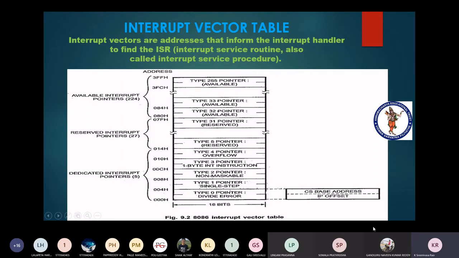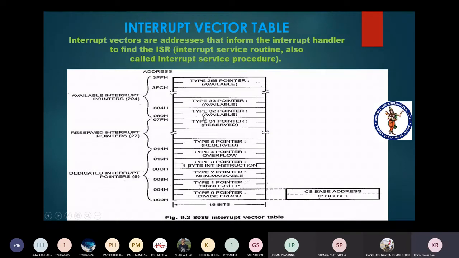So this 3 is multiplied by 4. 3 into 4 is 12. The 12 is converted into hexadecimal. 12 means C. So the address of the type 3 interrupt is 0000C. That is the starting address.